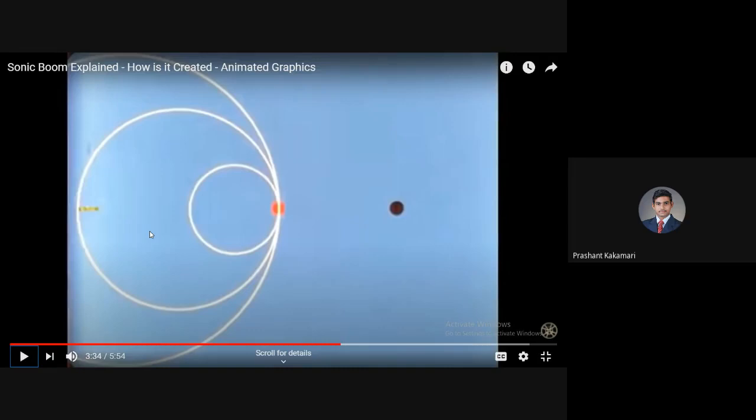Both the body, that orange color body, and the wave or disturbance are at the same point, because the body cannot move faster than the speed of sound. That's why it is V equal to C, or Mach number equal to 1.